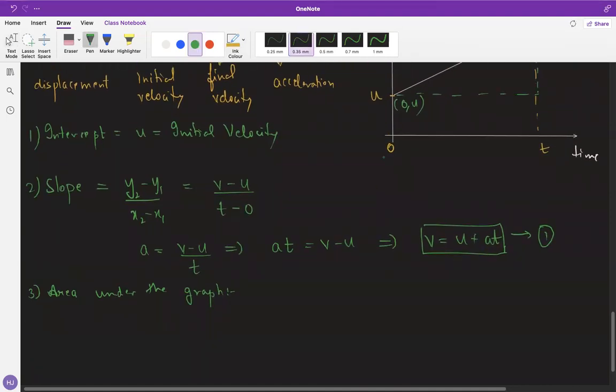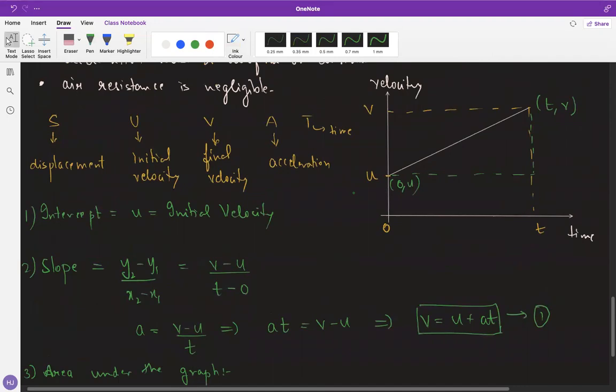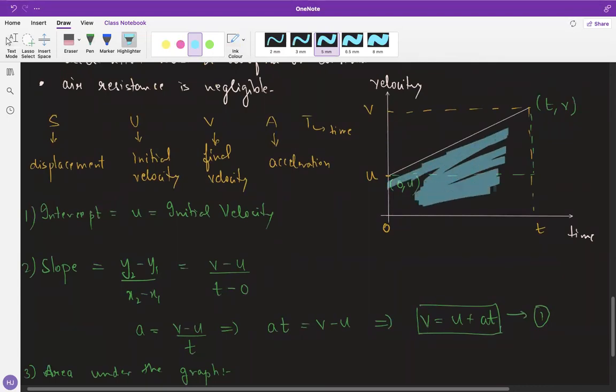Now, what does area under the graph mean here? We are referring to this region here, this entire space with respect to the x-axis. Primarily this is forming the area of a trapezium, but I can also split this up into two parts by considering an area of a triangle and an area of a rectangle.